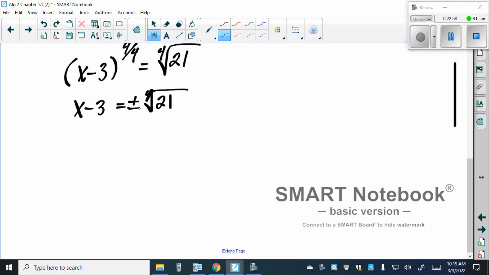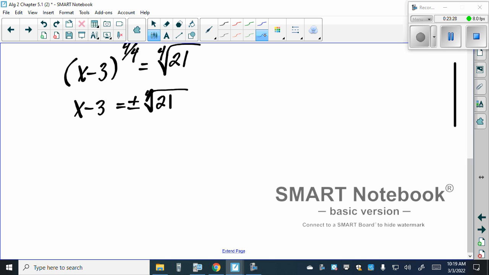If the root is even and the number inside is positive, we have a positive or negative case. If the number inside is negative, we have no real roots, and we could have been done 3 steps ago. And if it's 0, well, it's just going to be 0. Because if we take the square root or cube root, any root of 0, it's just 0.